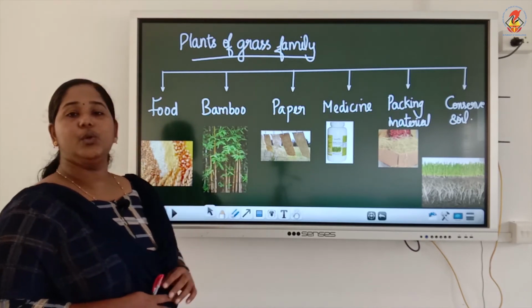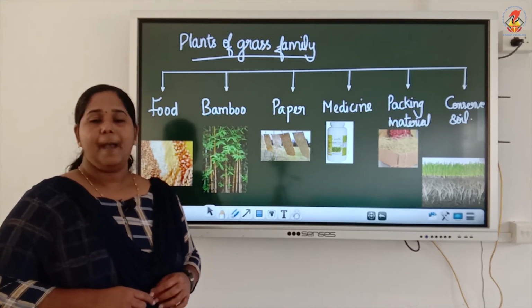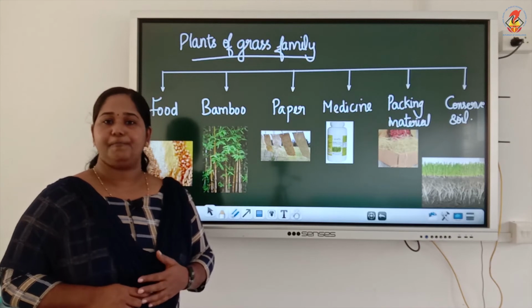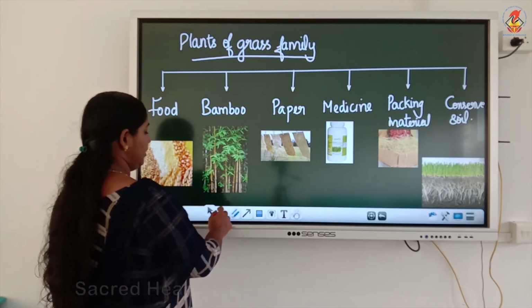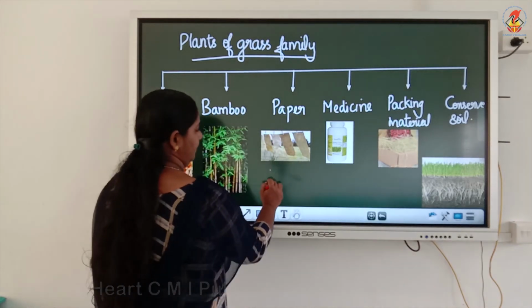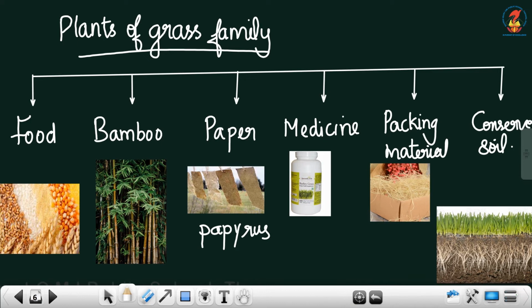The third use is to make paper. Paper was first prepared in Egypt from a grass called papyrus. Papyrus was the first grass that was used to prepare paper first in Egypt.